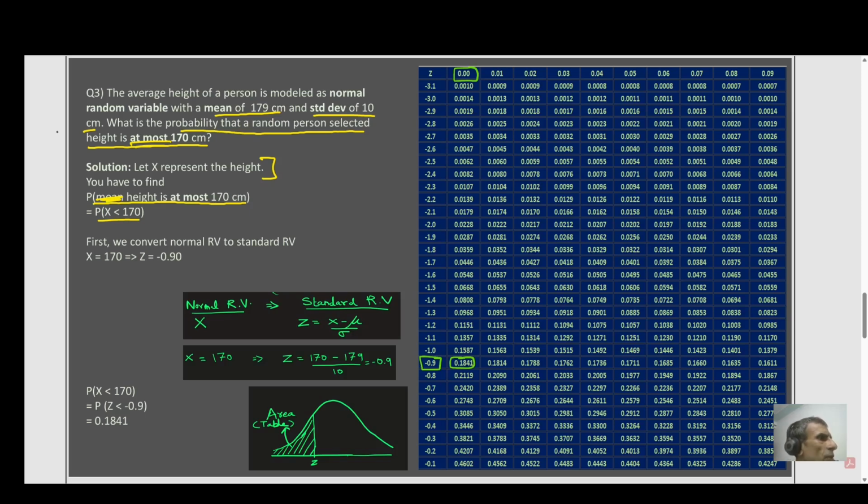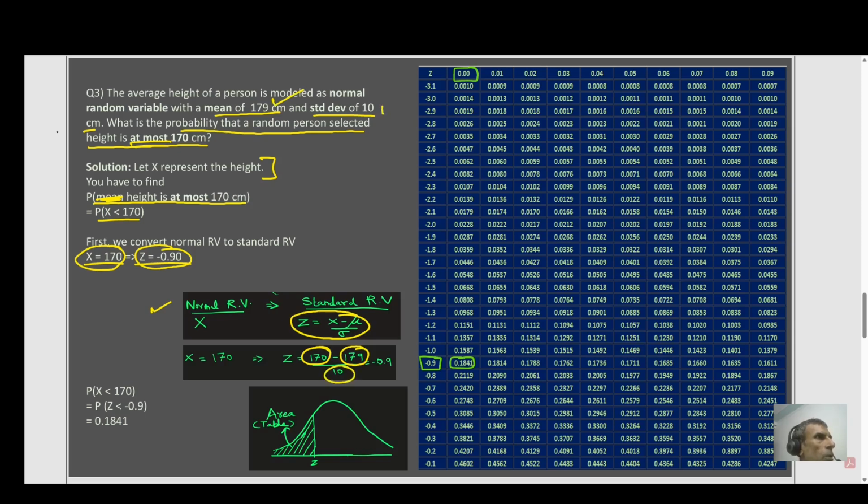In this case, first we convert our random variable to a standard random variable. I use this formula right here, and my x equal to 170 has been converted into z equal to minus 0.9. My x is 170, my mu is 179, and my standard deviation is 10.